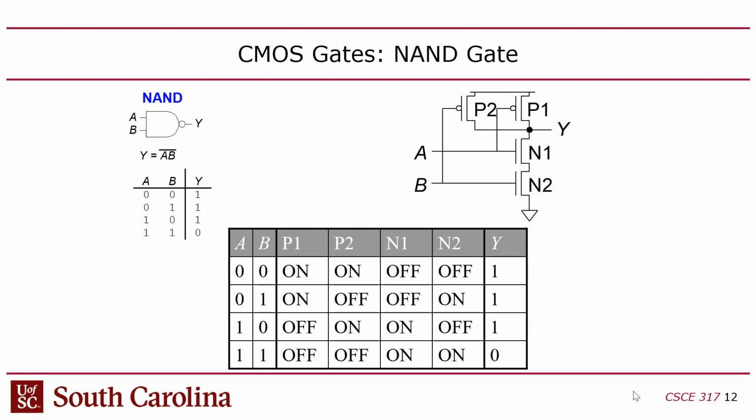Okay, and likewise, to pull up to have a 1 output, you have to have at least one of these guys turned on. And remember, to turn these guys on, you have to have 0. So at least one of the inputs has to be 0 in order to pull the output up to VDD, to be 1, right? Make sense?